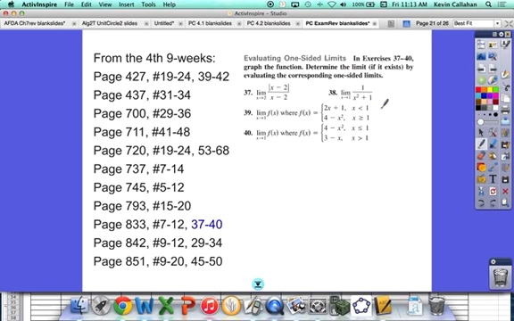Does it exist? Is there anything that you could plug into this x that would make the denominator equal 0? No, because since that's squared, this term will always be 0 or positive, and it's already plus 1. So actually, this thing has a limit. Just plug it in. 1 over 1 plus 1, 2, 1 half.